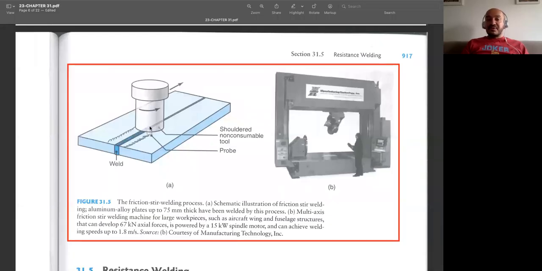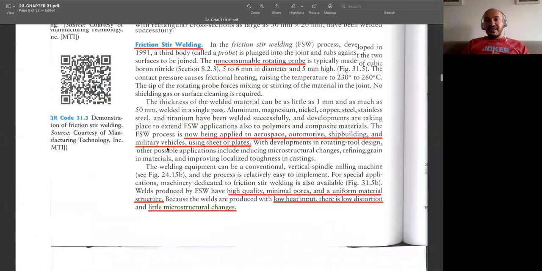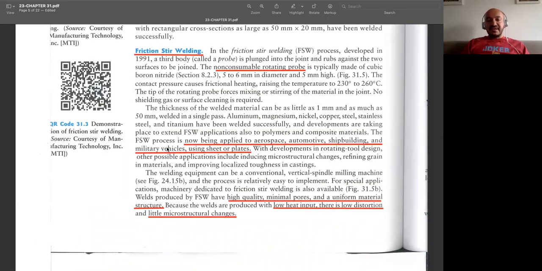It's usually made of CBN, cubic boron nitride. It has high hardness, and it goes into this interface and kind of stirs it so that we have atoms moving in between the parts. We have a kind of weld in between the parts. That is a nice and neat way of joining the parts together.